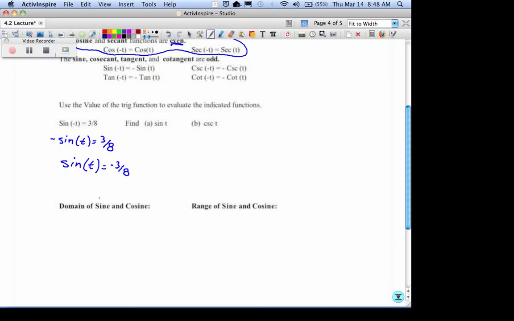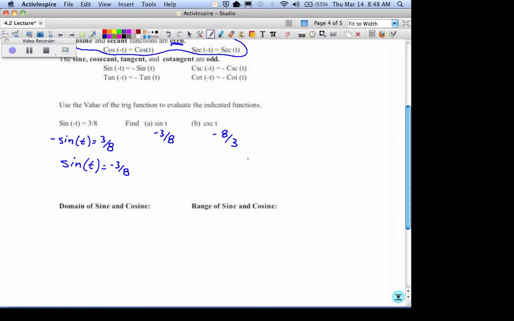So when they say what's the sine of t, if I know that the sine of negative t is 3/8, sine of t then would be negative 3/8. Again, it doesn't make or break you for the exam or anything. But what's the cosecant? 8 over 3. The reciprocal, negative 8/3.